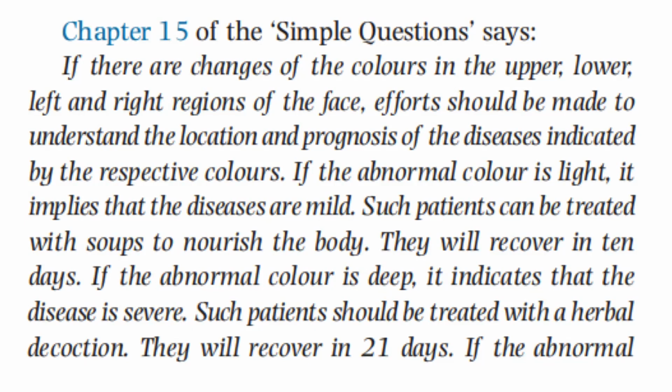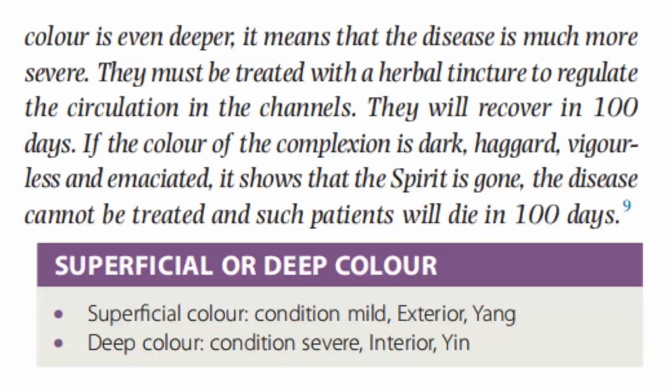If the abnormal color is deep, it indicates that the disease is severe. Such patients should be treated with a herbal decoction; they will recover in 21 days. If the abnormal color is even deeper, it means that the disease is much more severe.